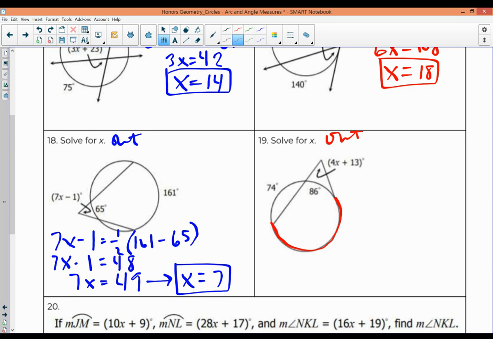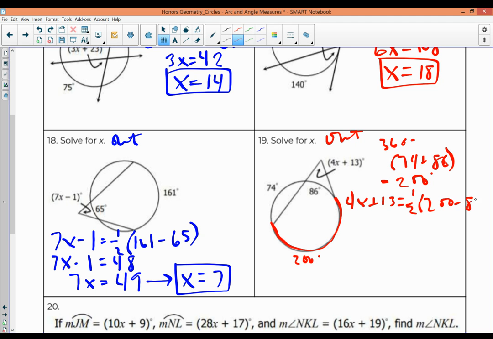So I do 360 minus 74 plus 86 to get 200. So this arc right here is 200 degrees. So the measure of the angle, 4x plus 13, is half of 200 minus 86.